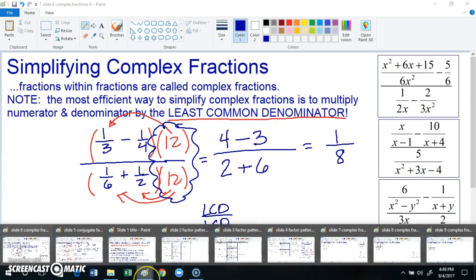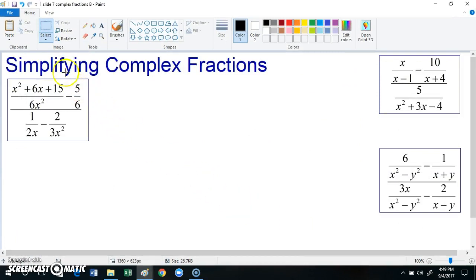Now let's do that with some rational expressions in terms of x. So here we go. The hardest part of this is knowing what the LCD is. So let's look at the denominators: 6x squared, 6, 2x, and 3x squared. I need an expression that all of these factors will go into evenly.